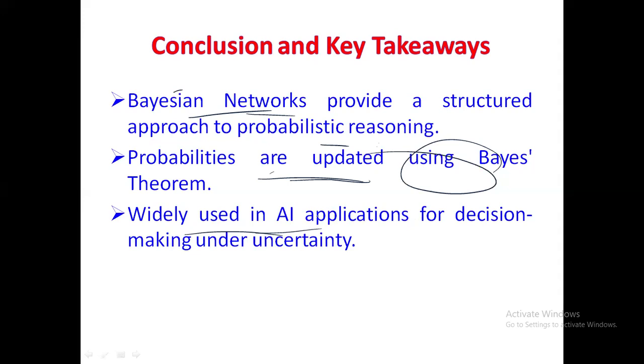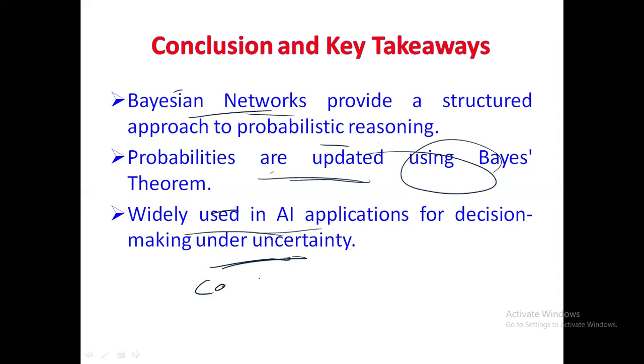Bayesian networks play an important role in AI applications, enabling systems to make informed decisions in uncertain environments. They are used in medical diagnosis, fraud detection, robotics, and natural language processing, where uncertainties must be managed effectively by modeling cause and effect.